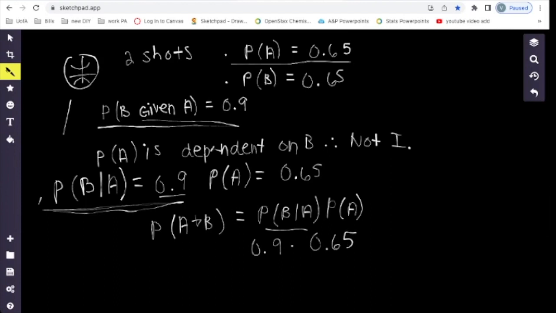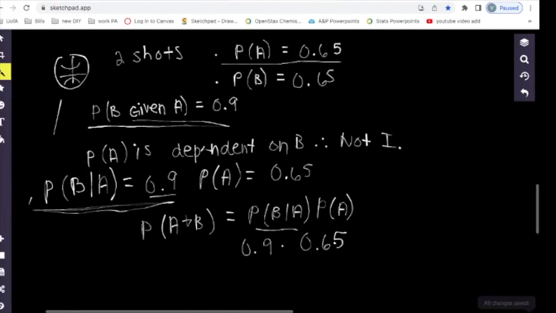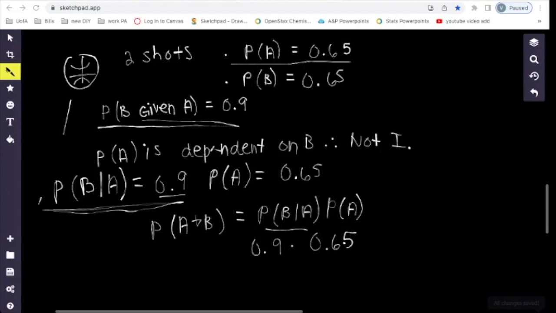And we're going to multiply these together and we will get that the probability that we make our first and second baskets is 0.585.